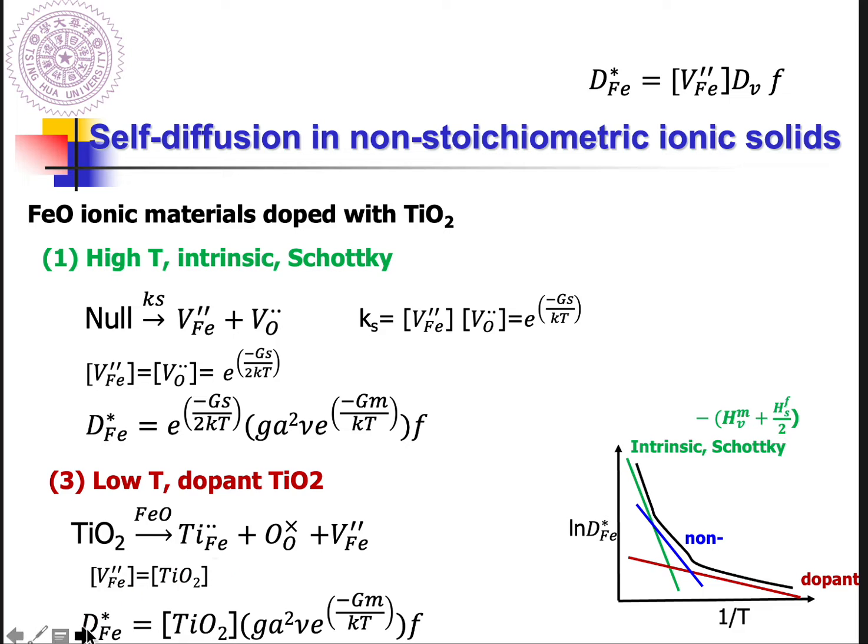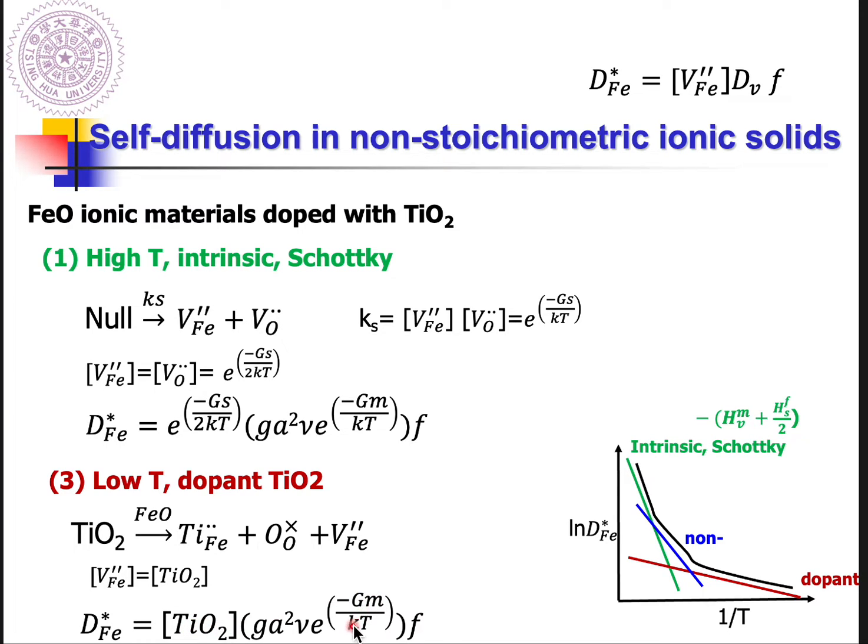So the self-diffusivity for iron can be expressed as the dopant concentration times dV times F. When you take a log of this term versus 1 over T, this is constant, right? Because you know how much titanium oxide you dope in this material.